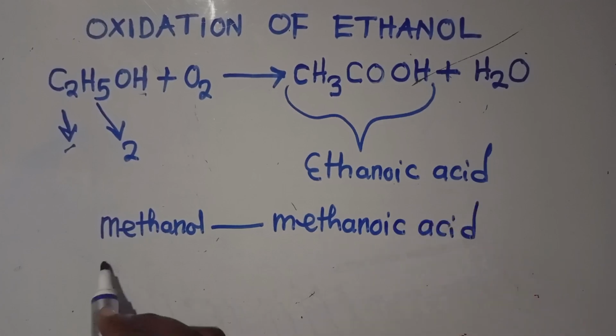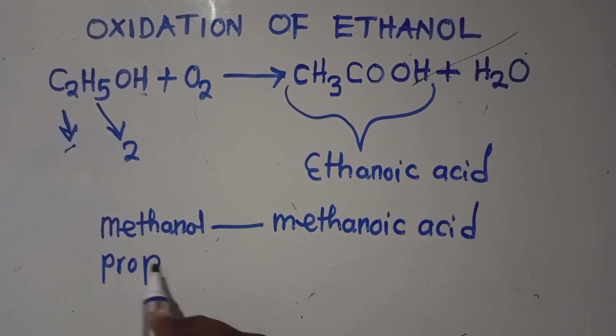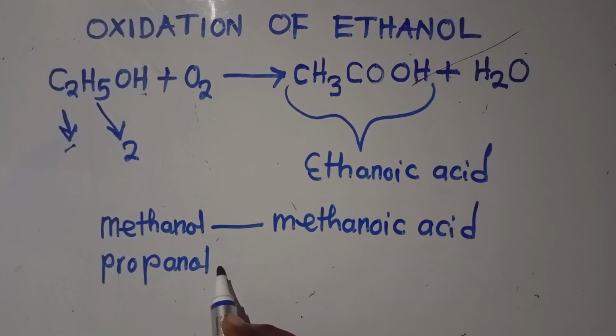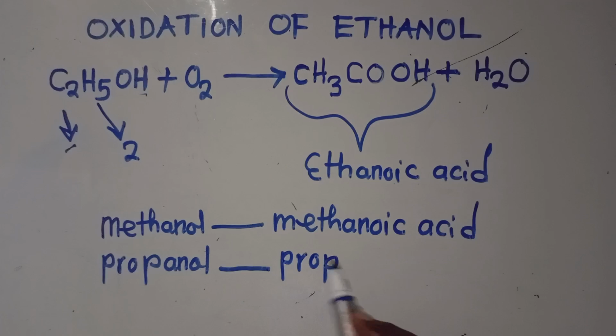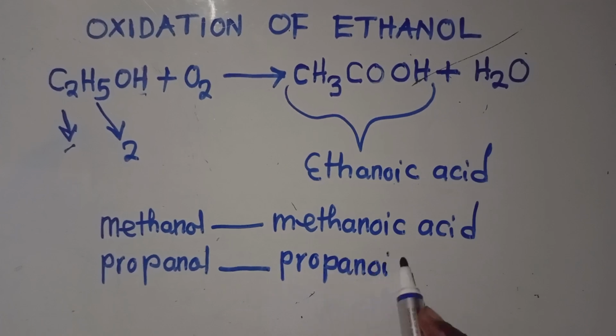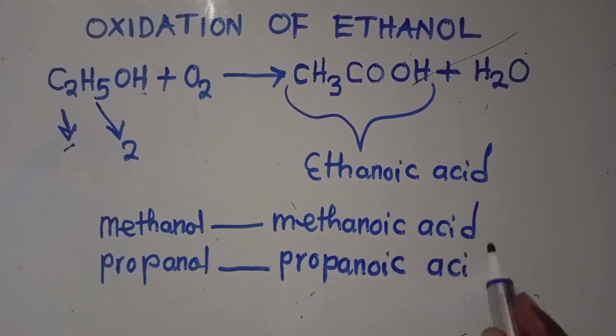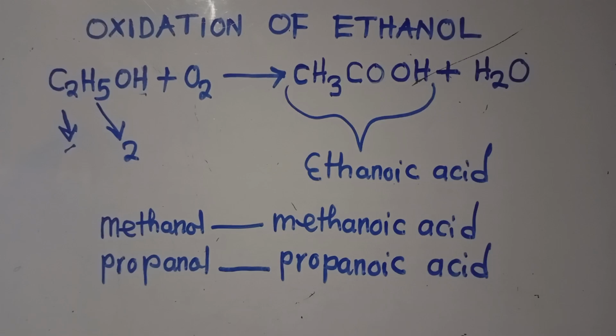If you are having propanol, what you need to know is that when the potassium dichromate solution is acidified with dilute sulfuric acid, this one is oxidized to what we are calling propanoic acid. This is what you are supposed to know. Propanoic acid.